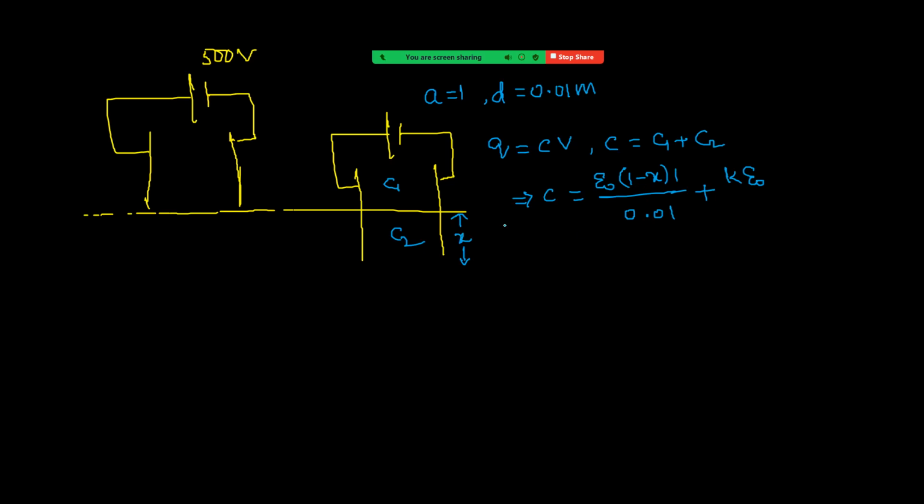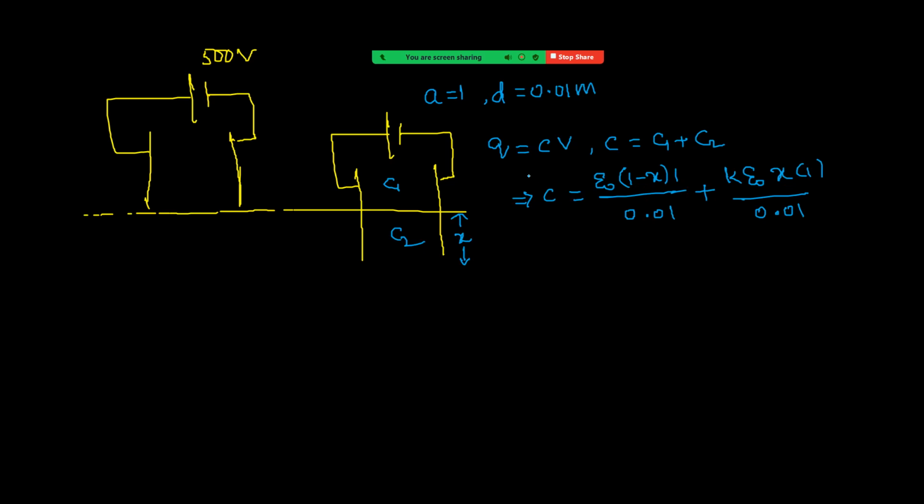This is x, so area equal to x into 1, K epsilon naught A by d, 0.01. Okay, that is now the capacitance.